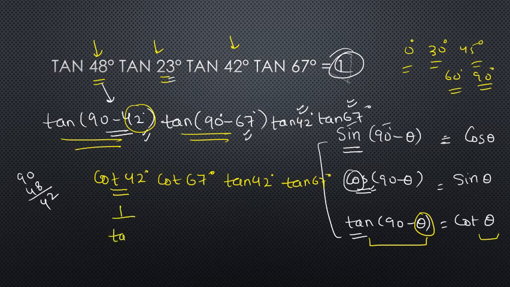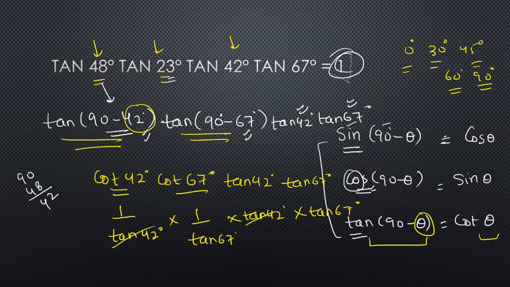So we can write it as 1 by tan 42, and we can write it as 1 by tan 67. This is tan 42 and tan 67. So you will see tan 42 cancels with this and tan 67 with this, and hence you received your answer. You got this answer, right? Hence proved, which is the right hand side.